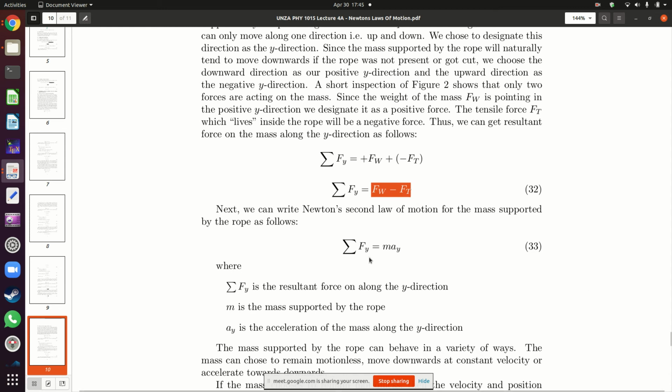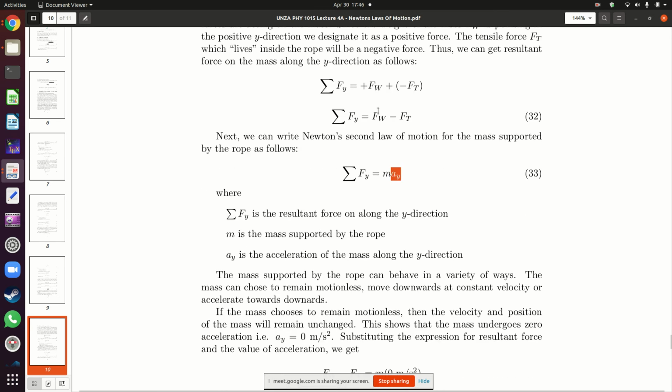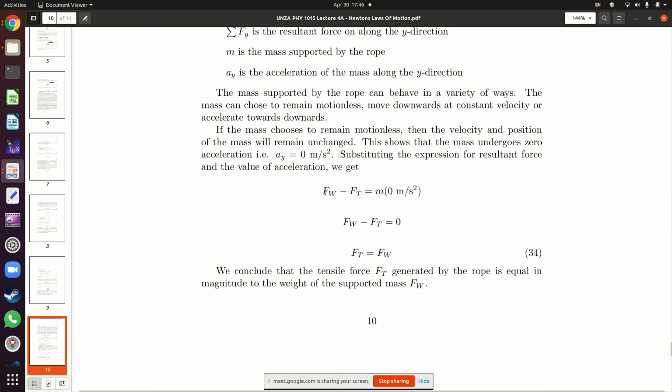So we apply Newton's second law of motion, which is that the sum of the forces, the resultant force, is equal to the mass multiplied by the acceleration. The resultant force in this case is this one, then the mass of the box and the acceleration. So we end up having Fw minus Ft is equal to the mass of the box multiplied by the acceleration.